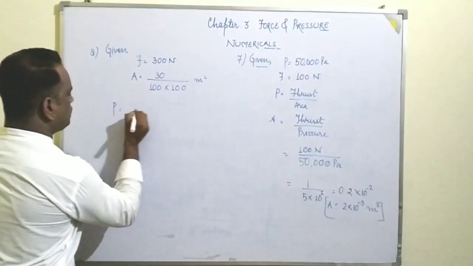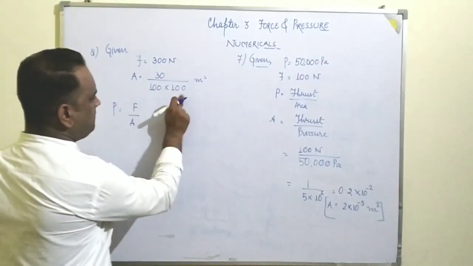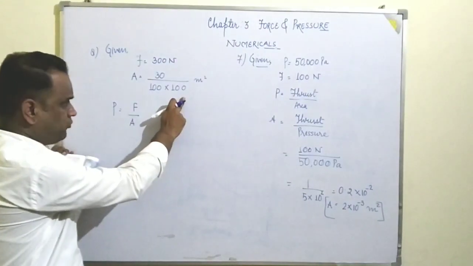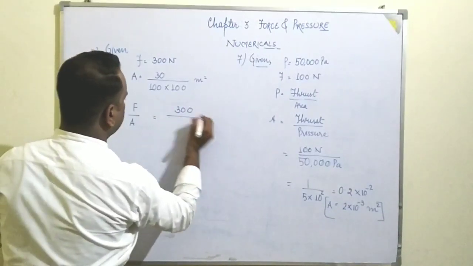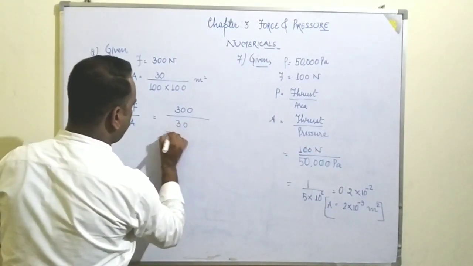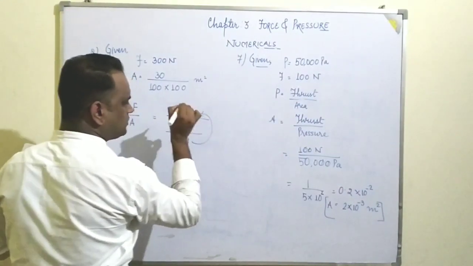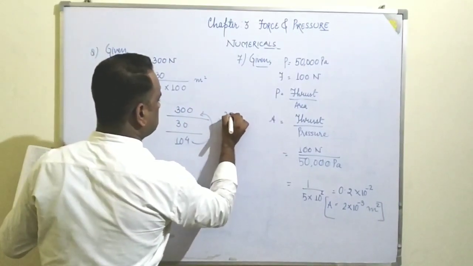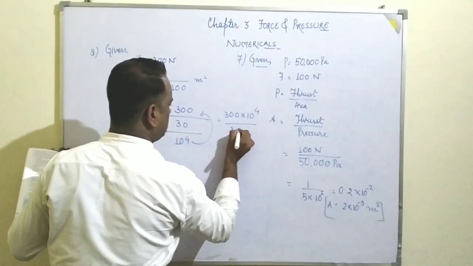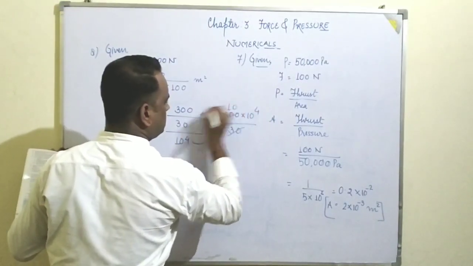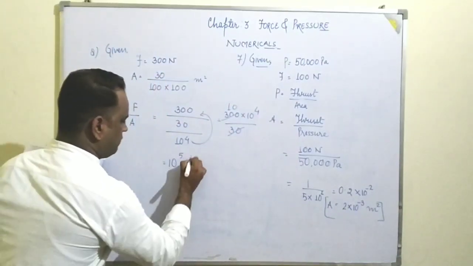Pressure is equal to force per unit area. So the force is 300 and the area is 30 upon 10 to the power 4. It goes to the numerator, so it becomes 300 into 10 to the power 4 upon 30, which is 10 to the power 5 Pascal. That will be the answer for the given question.